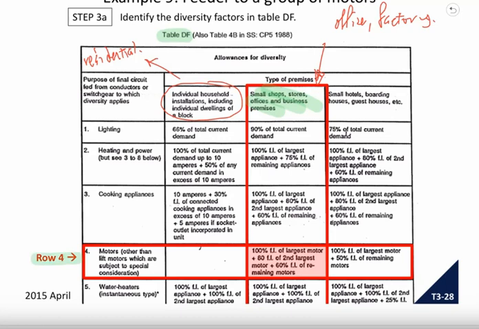We have the diversity factors that say 100% full load of the largest motor, followed by 80% of the second largest and 60% of the remaining motors.